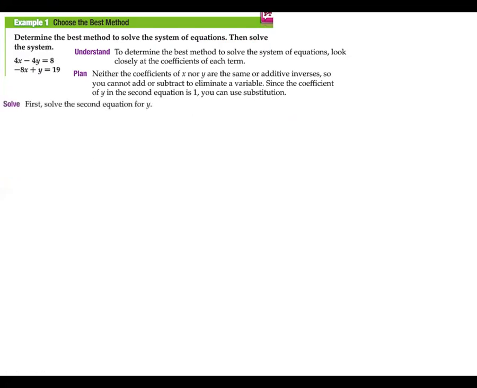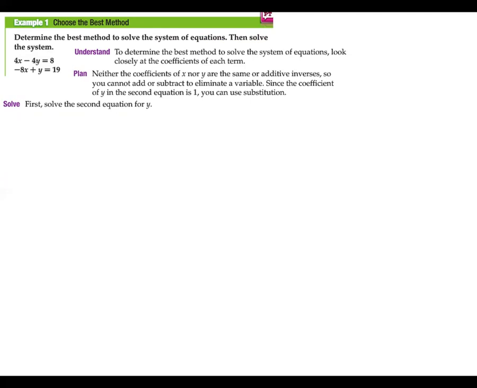If you're trying to determine which method to use, there's not really a wrong answer, because elimination or substitution will always work. It's just which is going to make it easier to solve. Sometimes using substitution, when you solve for y, you end up with fractions and negatives and different things, and it gets more complicated.